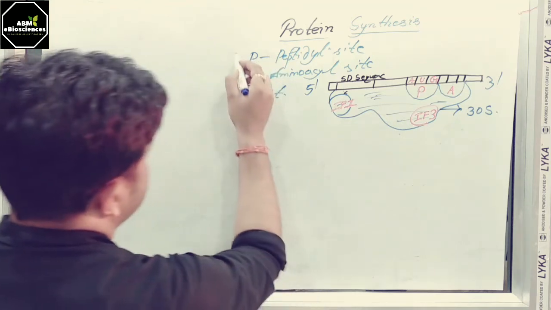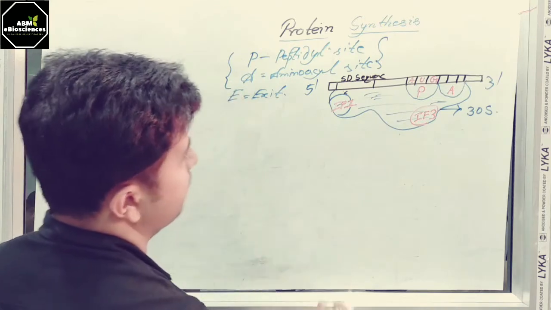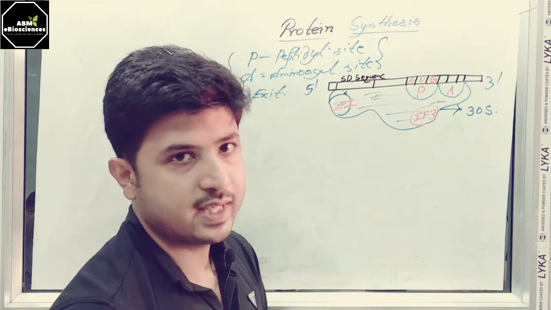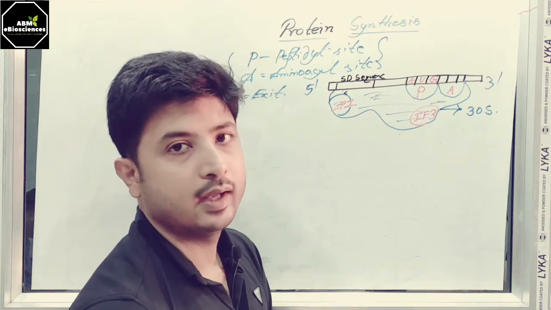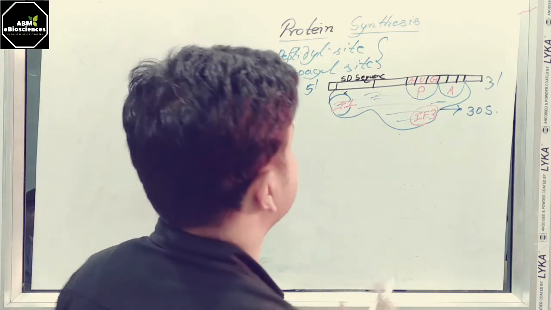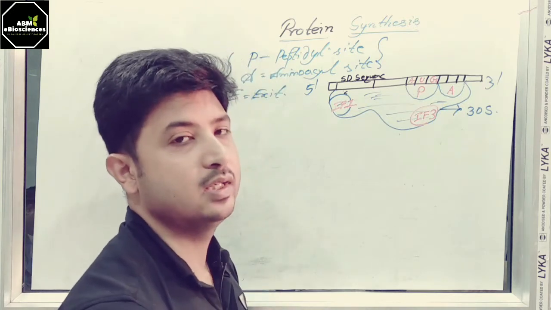So this P and A is the site which is actually bound by both the tRNA and the amino acid which is bound to the tRNA. The P site is utilized only once, during initiation.